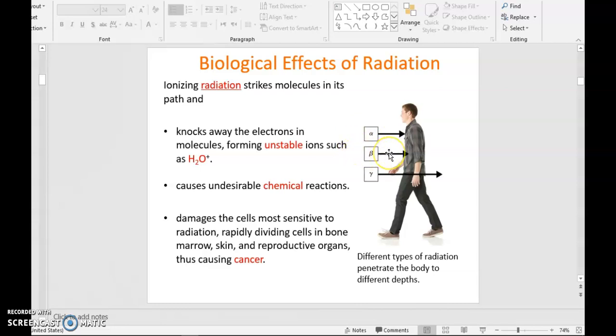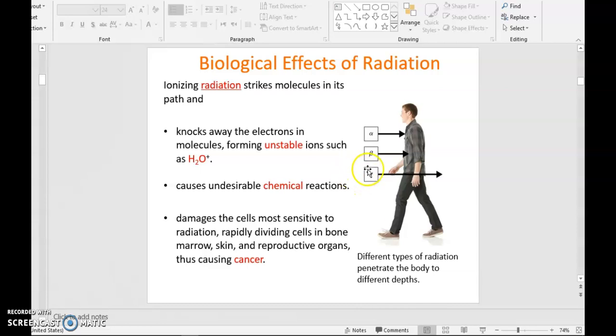Beta has a higher effect, so your clothes can help in preventing beta. The gamma is just woo. It can even penetrate your cellular nucleus and damage your DNA.